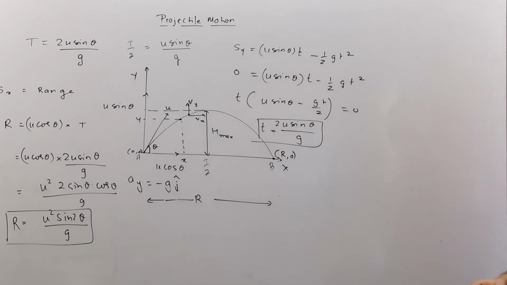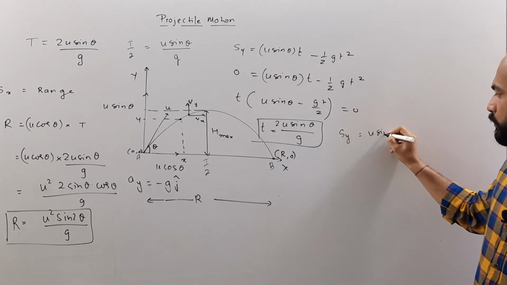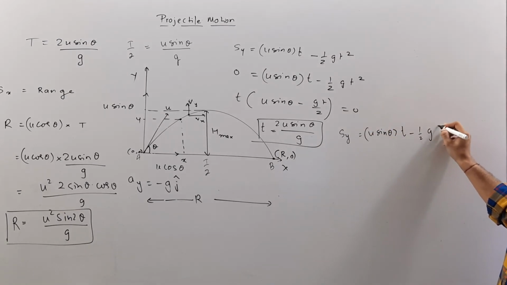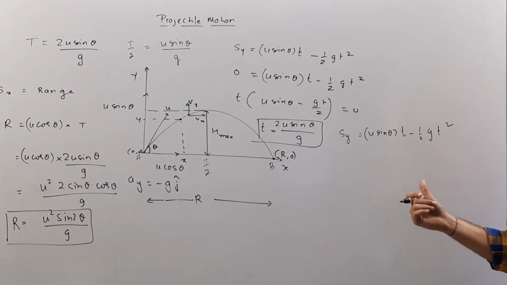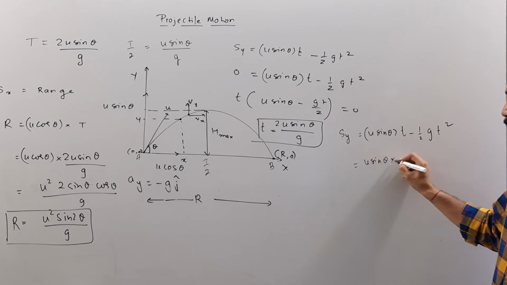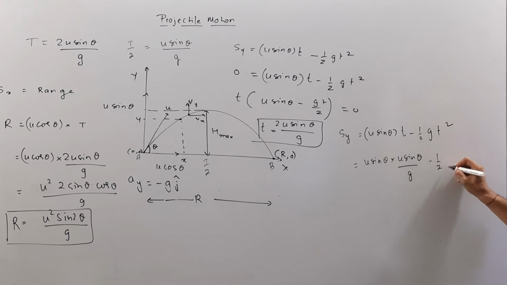Again, if I choose this equation sy, this is going to be u sin theta into t minus half g t square. But this time t is going to be u sin theta by g. So u sin theta into u sin theta by g minus half g into u sin theta by g the whole square.